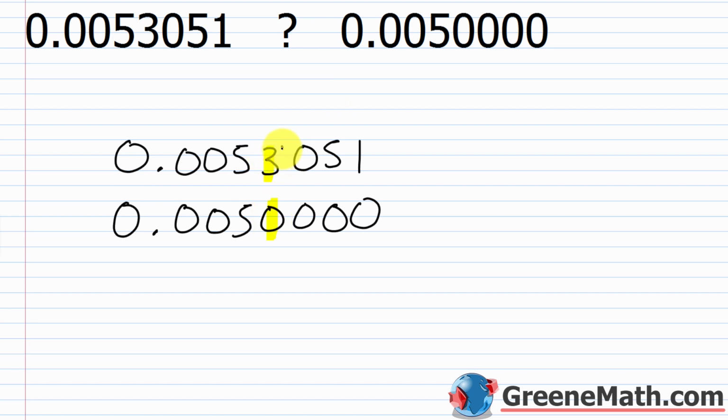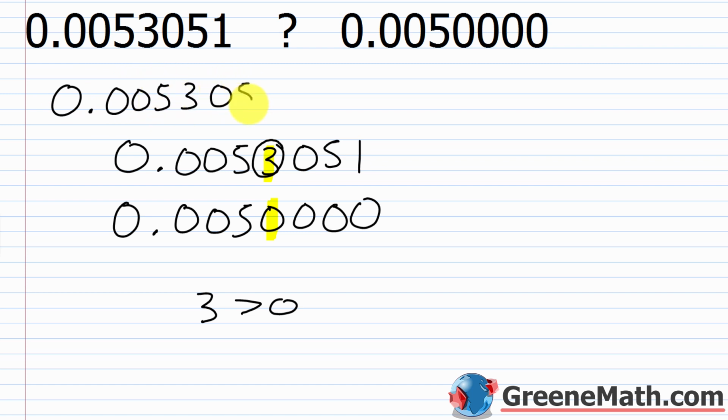The digit that's larger, 3 is greater than 0. So that tells me that this number right here is going to be the larger number. So we can go ahead and say that 0.0053051 is larger than 0.005, and I can just put 5 here. I don't need to add these zeros at the end. You can do it if it makes you feel more comfortable, but it's the exact same number.